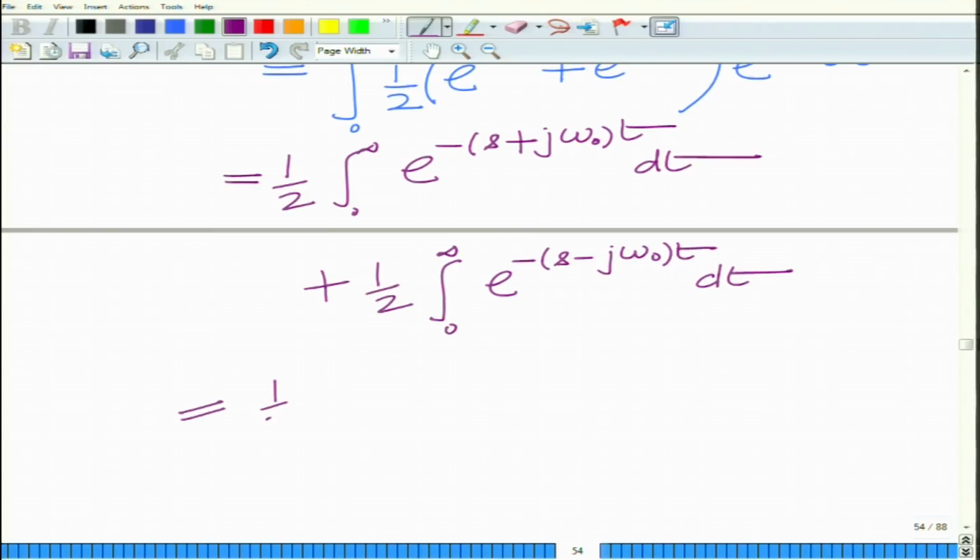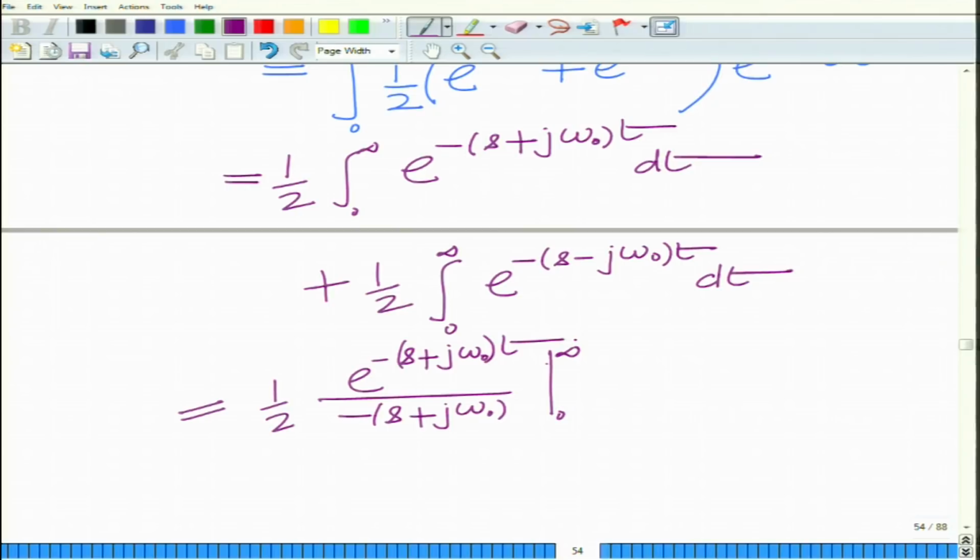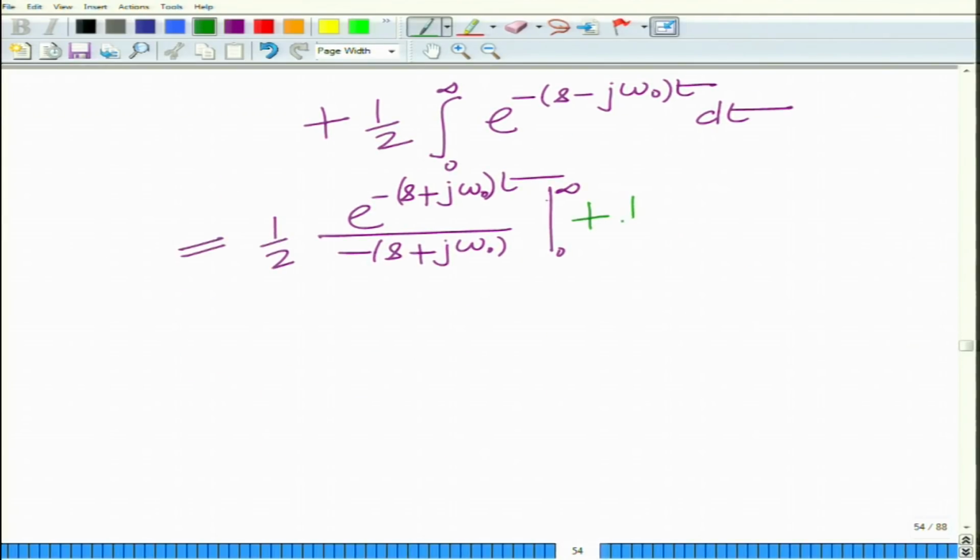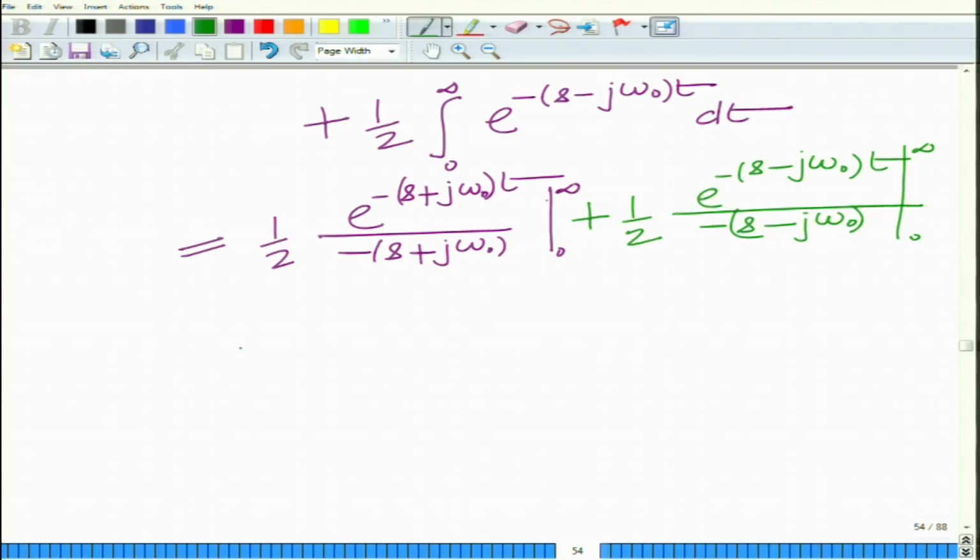So, the first integral is e raised to minus (s plus j omega naught) t divided by minus (s plus j omega naught), evaluated between the limits 0 to infinity, plus half e raised to minus (s minus j omega naught) t divided by minus (s minus j omega naught), evaluated between the limits 0 to infinity.